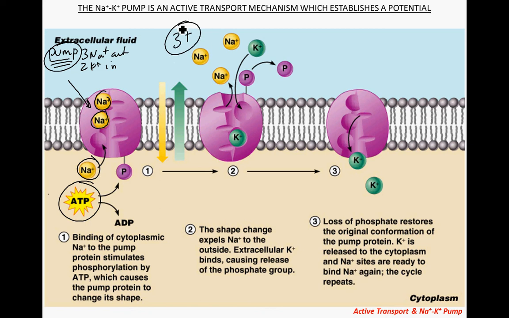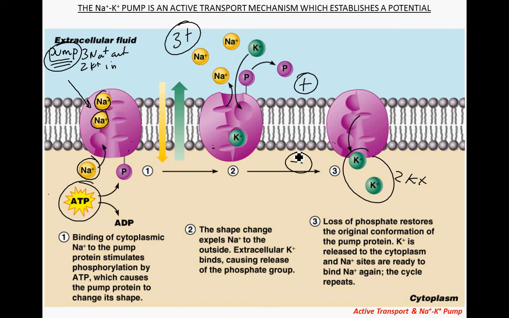And then when this sodium-potassium pump changes its conformation, and so it goes to here, to here, to here, it's moving those 3 sodiums out, and then it's, of course, moving 2 potassiums in. Now, how do we get the difference? Well, the outside is positive, the inside is negative.